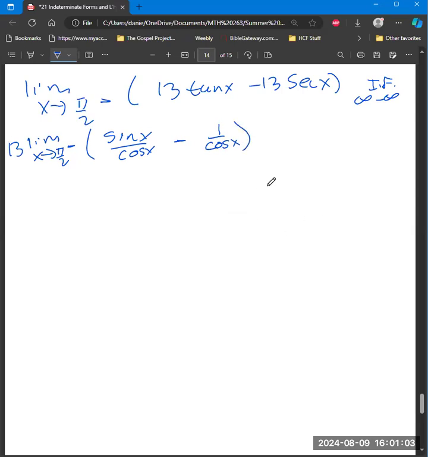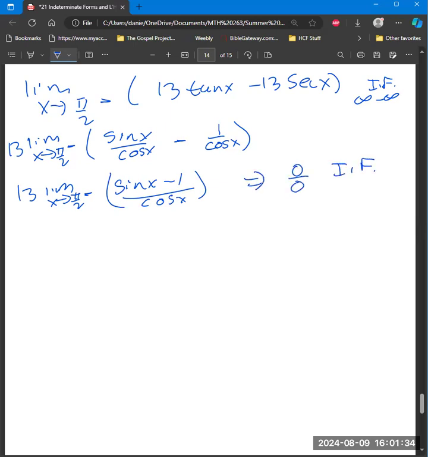And then 13 times the limit as x goes to pi over 2 from the left of this is going to 0 over 0 now, if I combine these, which is an indeterminate form where I can use L'Hopital's rule.